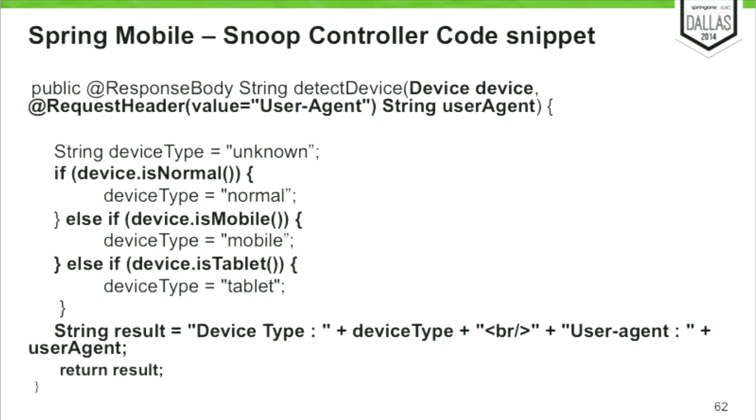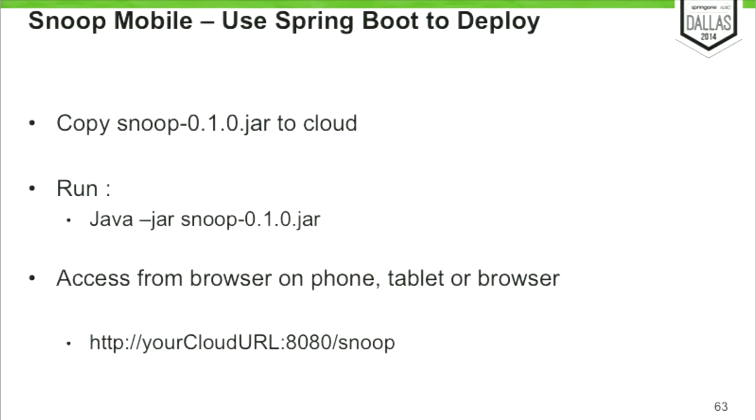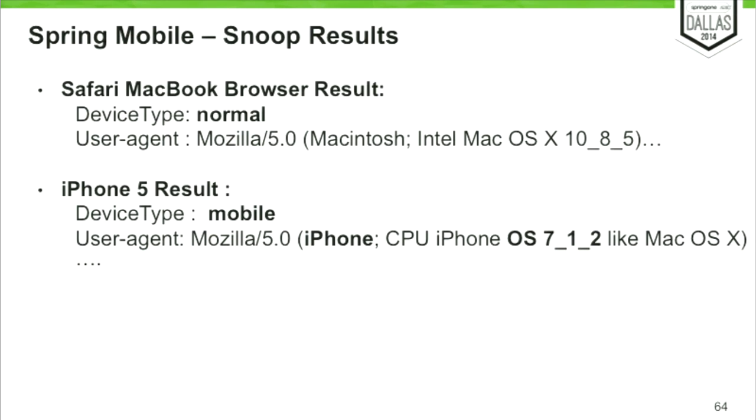We use a Spring Mobile device injected. And that allows us to say, is it normal, is it mobile, is it a tablet? And then we just add a request header for the user agent, and presumably you'd want to add more. But we add that, and we deploy this to the cloud, run it from our phone again, run it from your tablet, and let's see what kind of results we get.